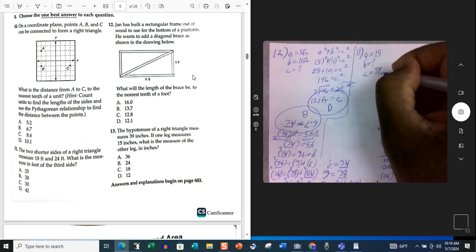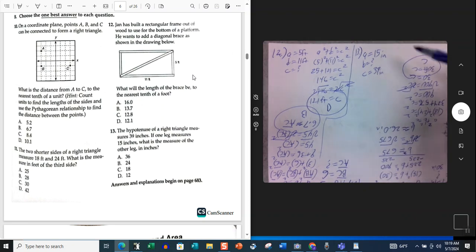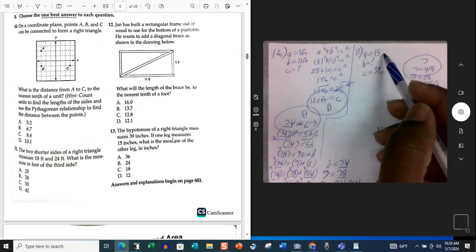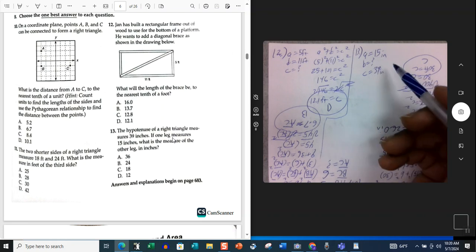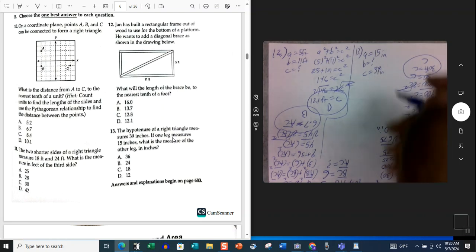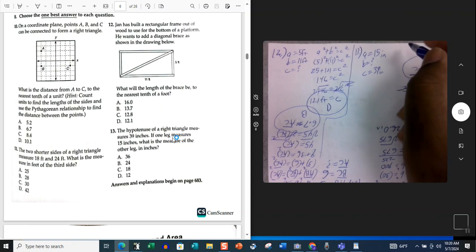And remember, these are inches. Now, as far as A and B, since they didn't designate which side it was, because it says one leg, I could have put 15 in for B or A, but I just chose A here. No particular reason.